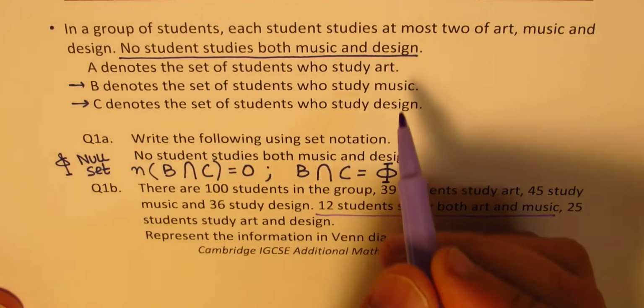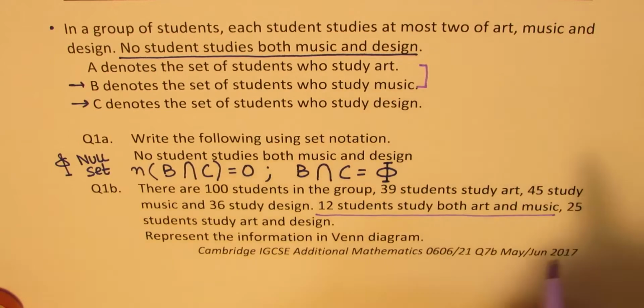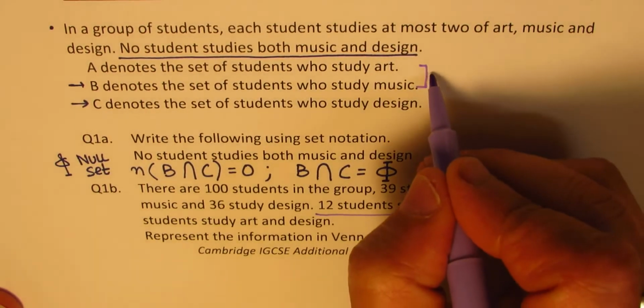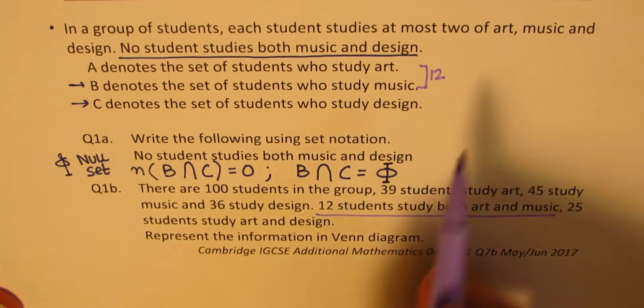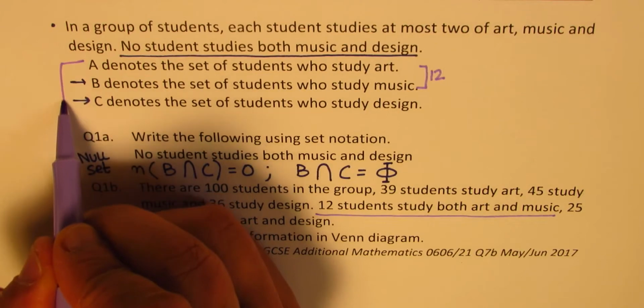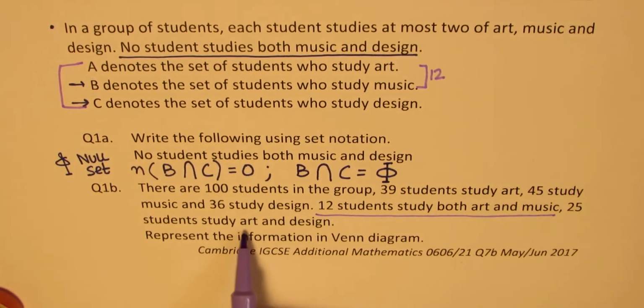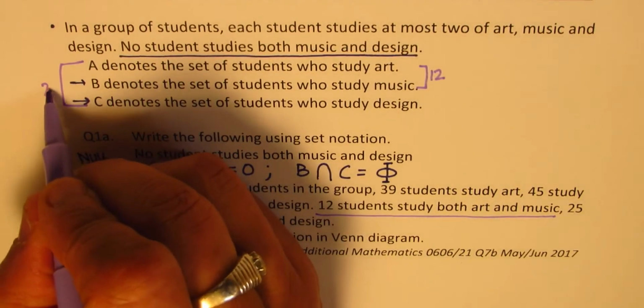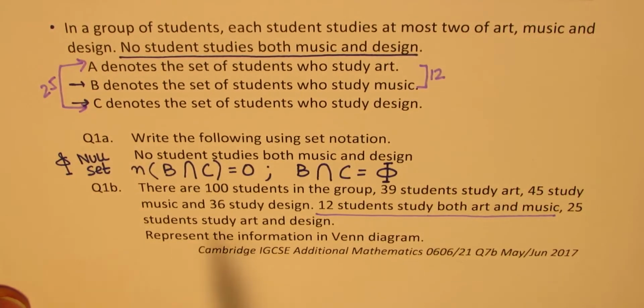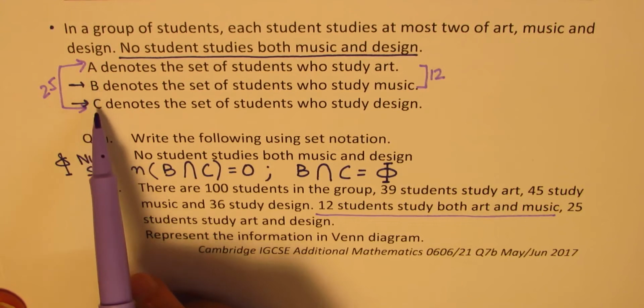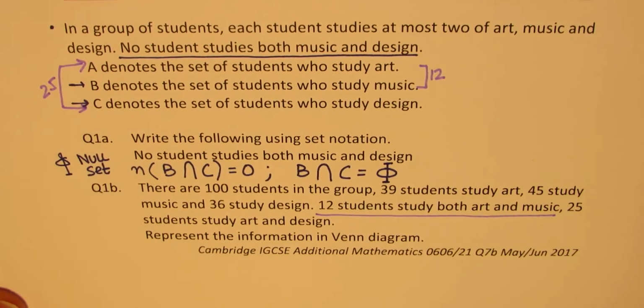That means art and music, this, so this combination is 12. And then 25 students study both art and design. Art and design means these two, so this combination is 25. We already know that nobody is studying both these subjects, music and design.